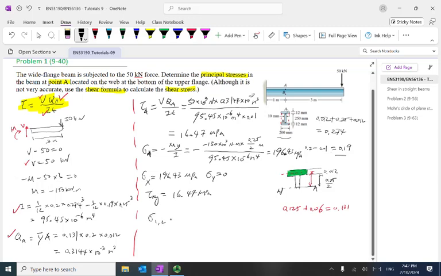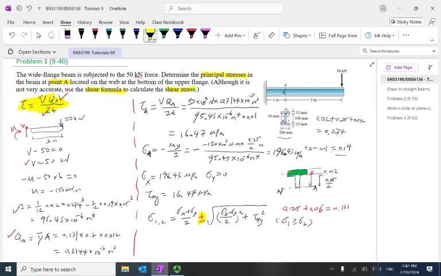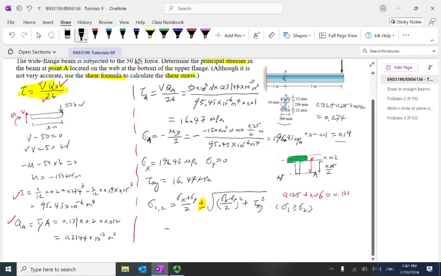Okay? So then we can write down sigma 1, 2 will be equal to half sigma x plus sigma y plus negative, remember here, square root, half sigma x minus sigma y square plus tau xy square. Remember sigma 1 should be greater than sigma 2. Remember here the sign plus negative here. Also you can see there's a tau xy here, doesn't matter because here will be square. Okay? So that's why we can put all the values in.